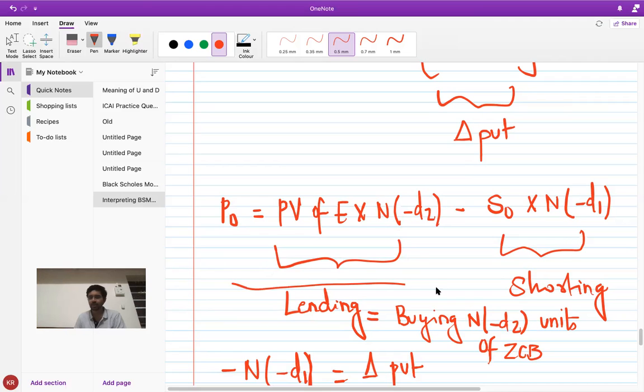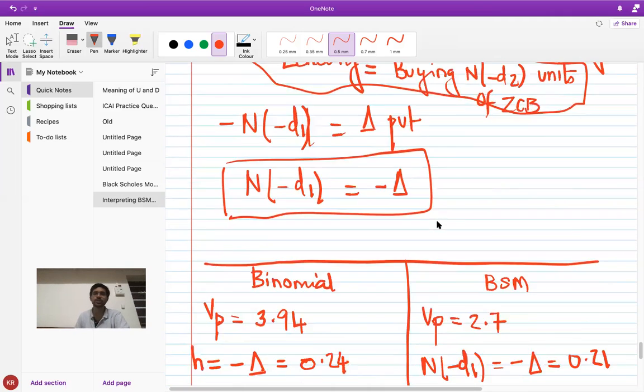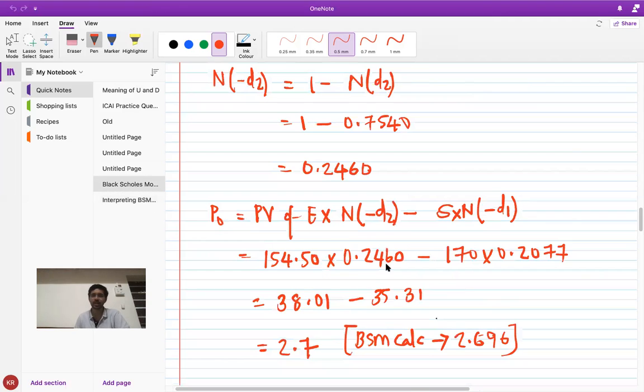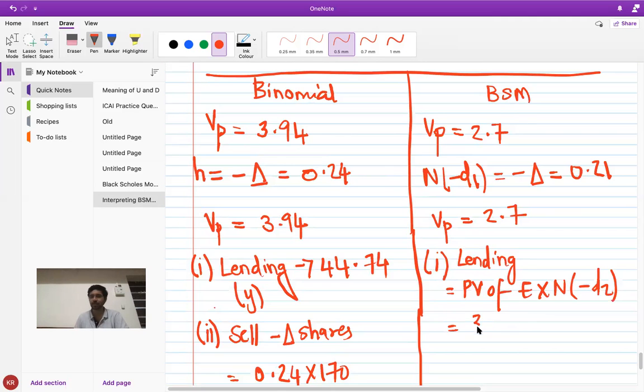So lending is basically buying N of minus d2 units of zero coupon bonds. So lending is equal to present value of exercise price into N of minus d2, which in our case was 38.01.